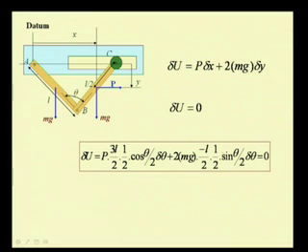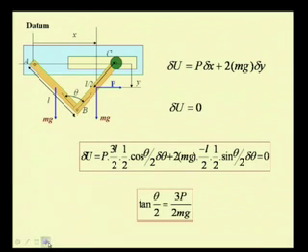So, if we simplify this equation, we know that delta theta is not 0 because the virtual displacement is not 0. So, the other component, that is P times 3l by 2, half cos theta by 2, plus 2 mg times minus l by 2 sin theta by 2 into half, should be 0, and when we simplify it, we have tan theta by 2 is equal to 3P by 2mg.